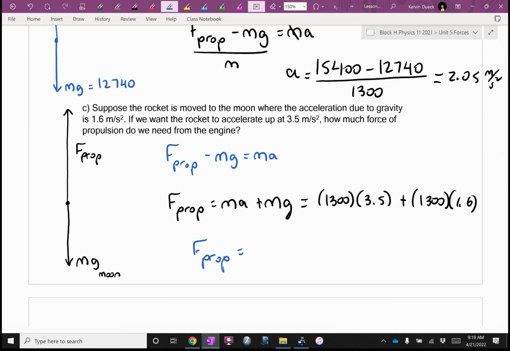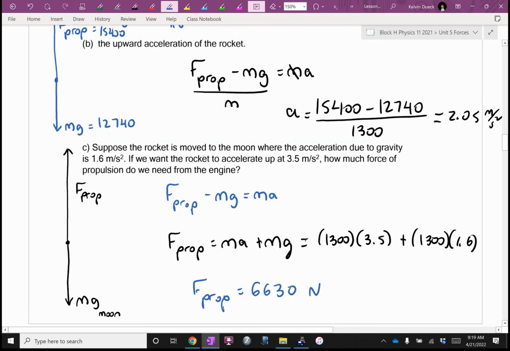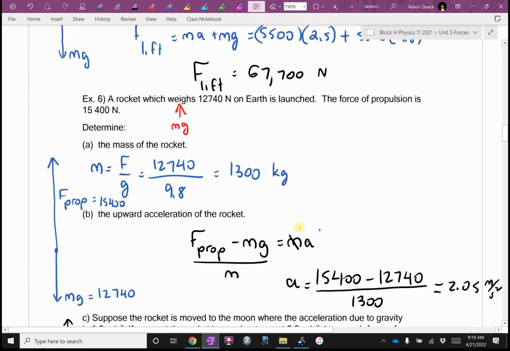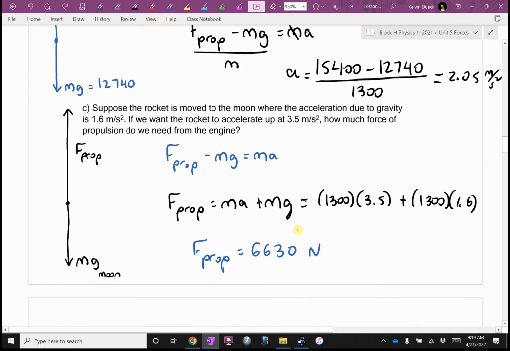Is that right? 6630? Compared to 67,700, basically 1/10 as big. Once you're on the moon, it's much easier to get off the moon. Getting to the moon is the challenge. This is why NASA is talking about building a moon base and launching rockets to Mars from the moon as opposed to from Earth.